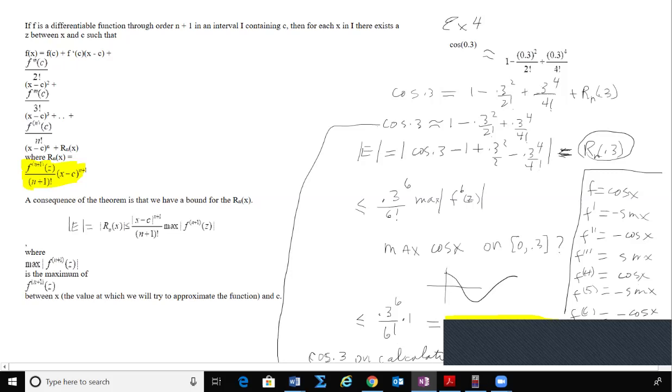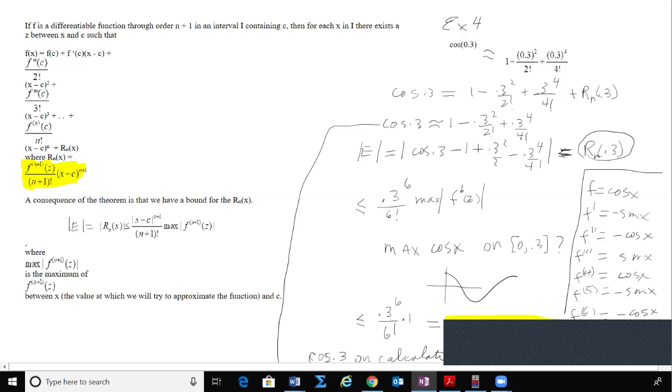So since it's decreasing in this interval up to 0.3, somewhere in here, the small window here, before it gets to the x axis back here, it's decreasing, so its maximum will be right at 0, and it'll be a 1.